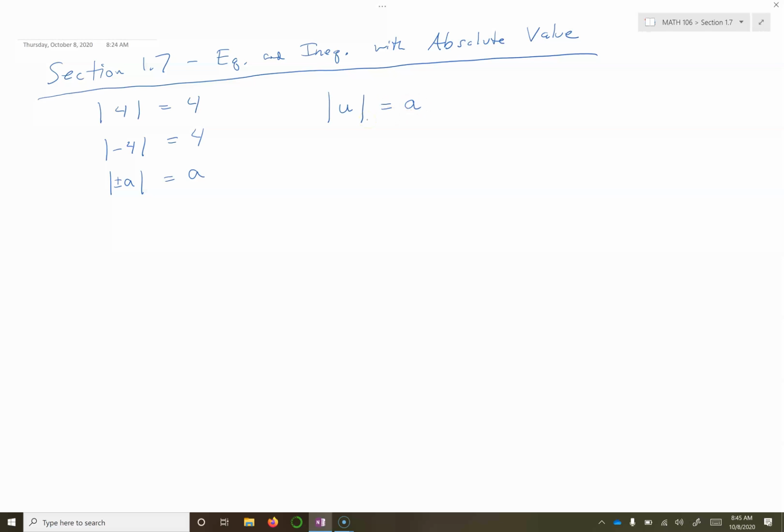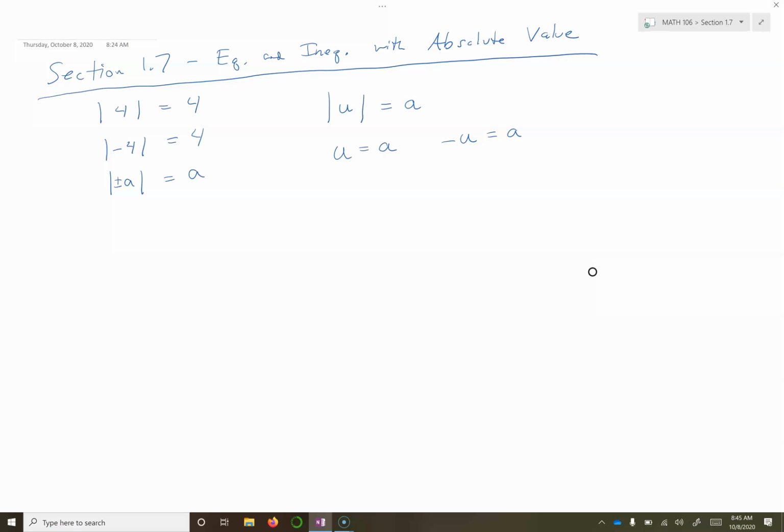What you have to do is break it up into 2 equations, because u can be equal to a, but then also negative u can be equal to a as well. You could split that up because there's 2 possibilities for u in this equation.